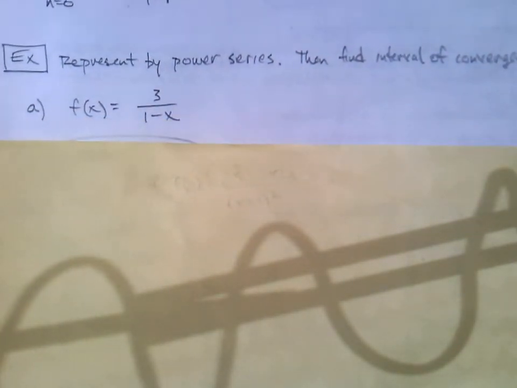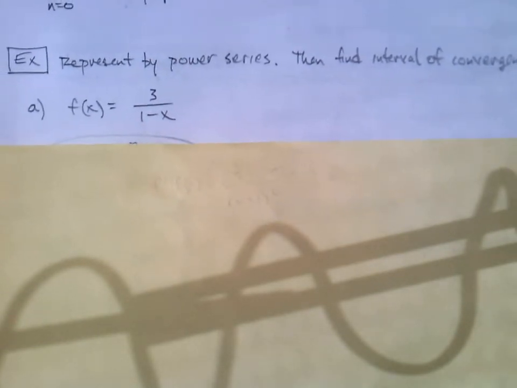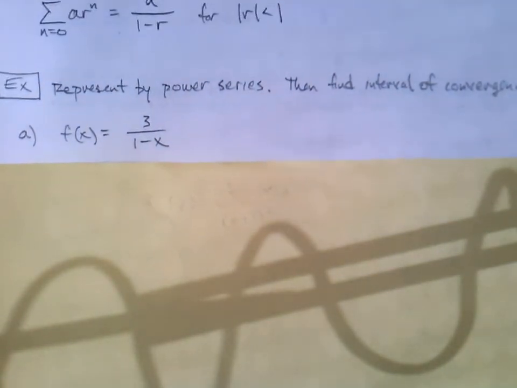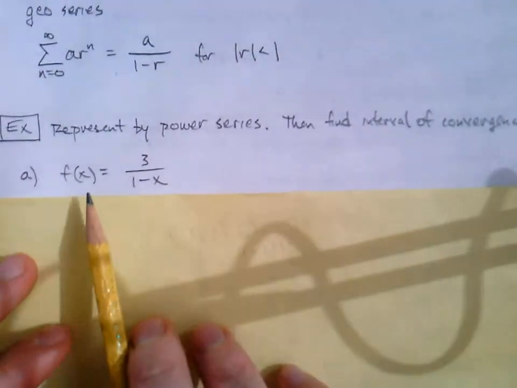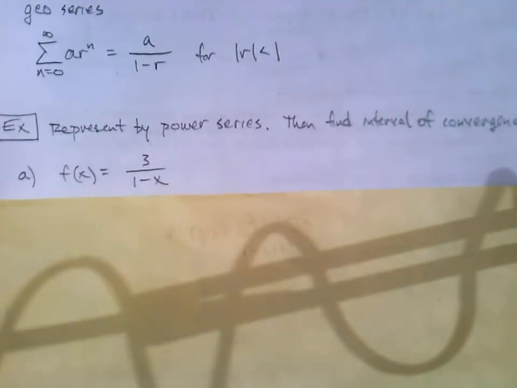Our examples are going to say represent by a power series and then find the interval of convergence. Okay, so part A doesn't get any more straightforward than this. Let me go ahead and bring that geo series back on the screen. How about something like f of x equals 3 over 1 minus x?